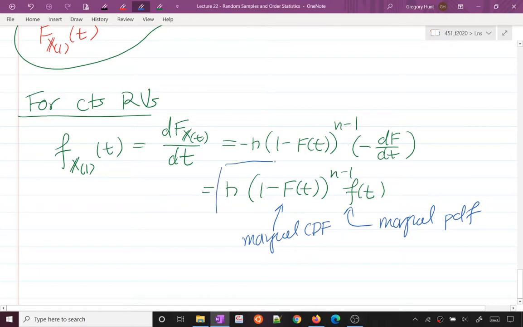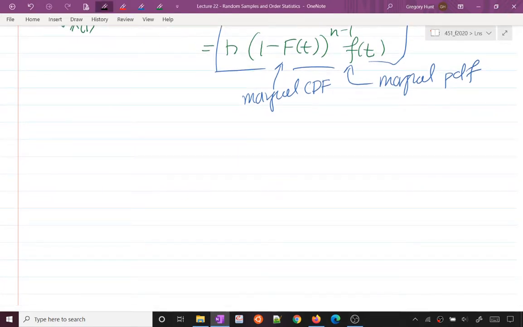But that's the formula for continuous random variables. If I have a random sample and they have a marginal PDF of little f and a marginal CDF of capital F, the PDF of the minimum is n times 1 minus the CDF to the n minus 1 power times the PDF.